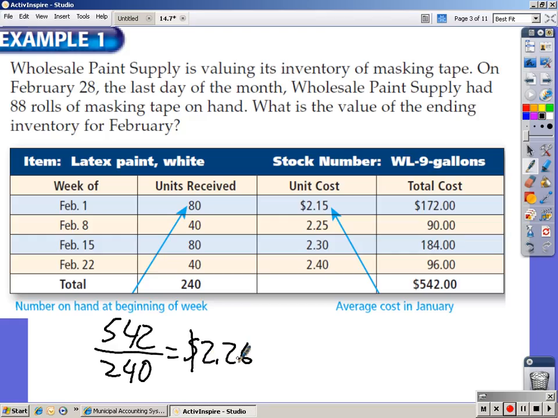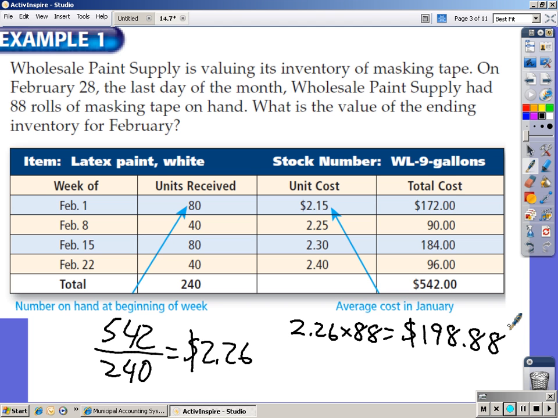Now the question says you have 88 rolls on hand. What is the value of the ending inventory? 226 times 88 is $198.88. That's the easiest, simplest method, but it's also the least accurate.